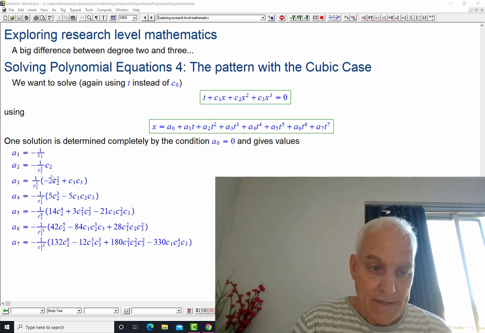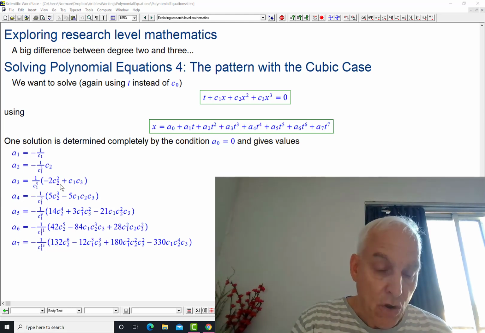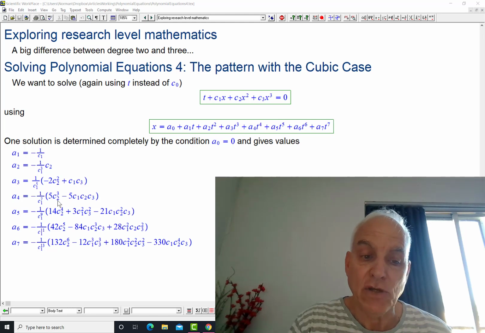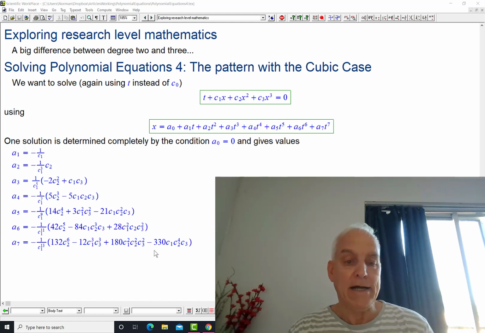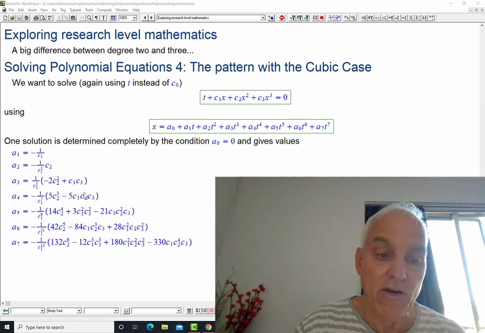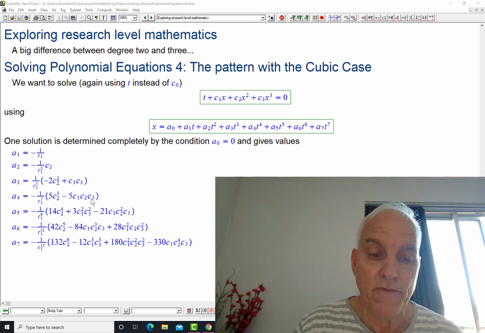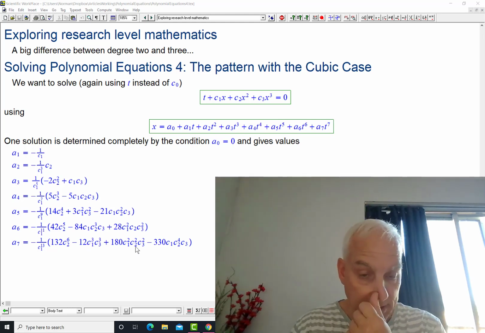Now the Catalan numbers are appearing as the coefficients of powers of c2, just pure powers of c2. The other terms, which we have yet to explain, involve also the variable c3. All of them involve c3, and then also c1 and some c2s as well.